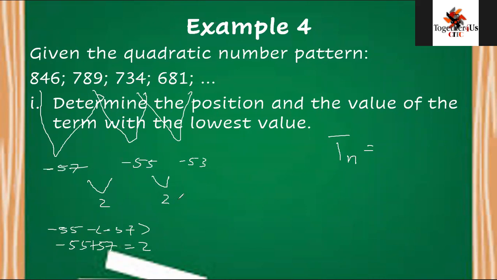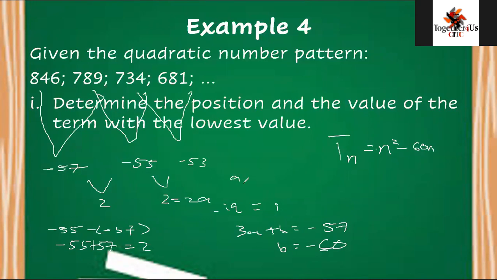So of course this is 2a, so we can see that a is actually 1, so we've got an n squared there. Now what is b? We know that 3a plus b should be a negative 57, so actually b is a negative 60, so we have a negative 60 here, but n, and of course finally a plus b plus c should be 846, which is term 1, remember that.